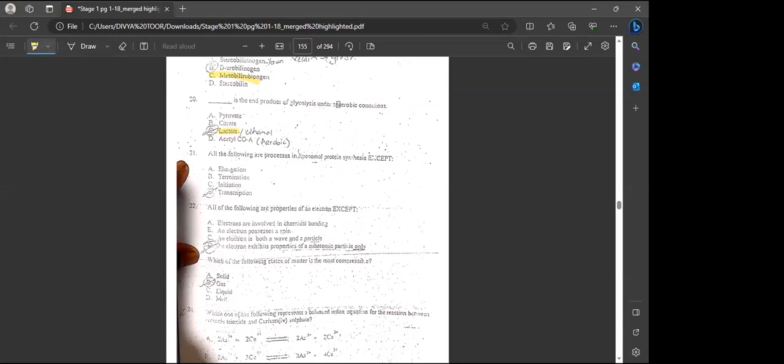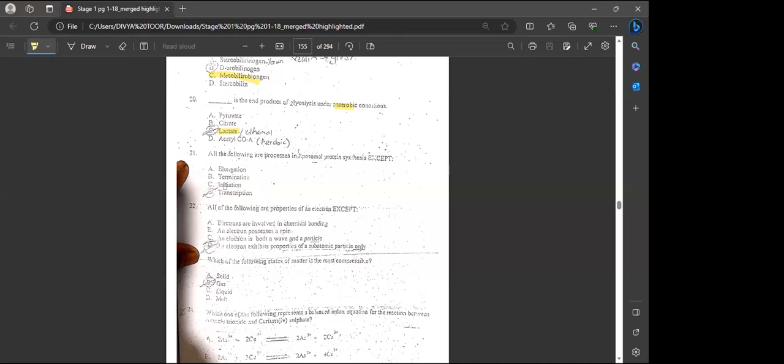All the following are processes of ribosomal protein synthesis except: A, B, and C are all connected.